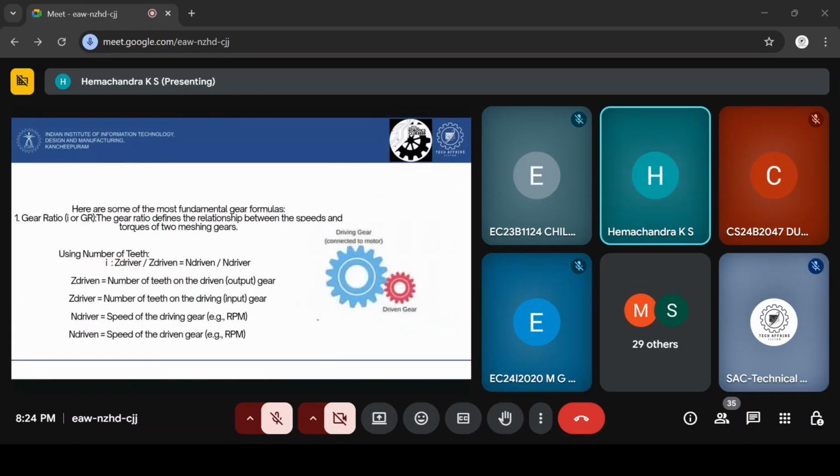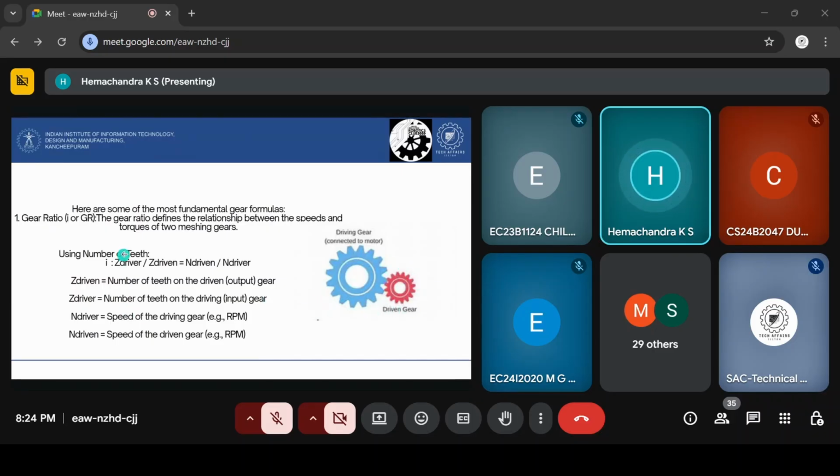We don't go much into the formulas and nomenclature of gears, but there's just a basic formula. The number of teeth in a gear is inversely proportional to the speed of the gear. The gear which first forwards the motion is called the driver gear, and the gear which receives the motion is called the driven gear.